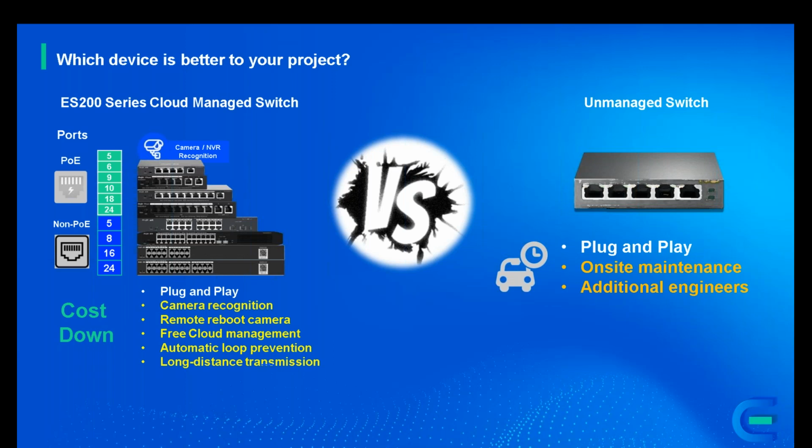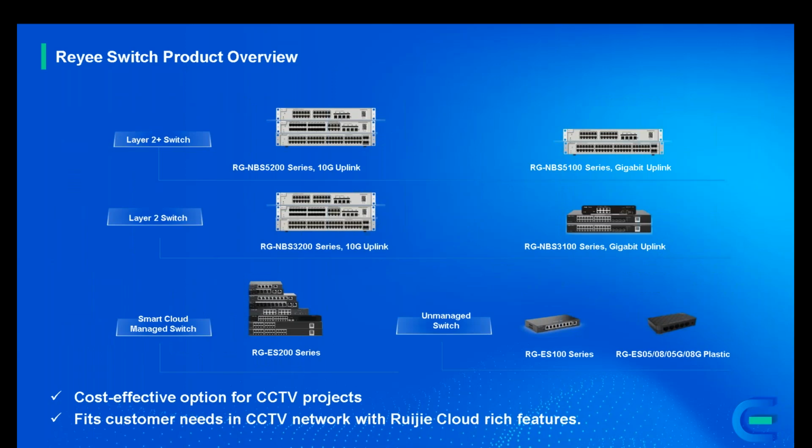We have different switches for this solution. If you want PoE ports, we have 5, 8, 10, and 24 PoE ports, or if you want non-PoE, we also have some options. Even for long distance, even for larger CCTV deployments, you can use our MBS 52 series or 32 series.